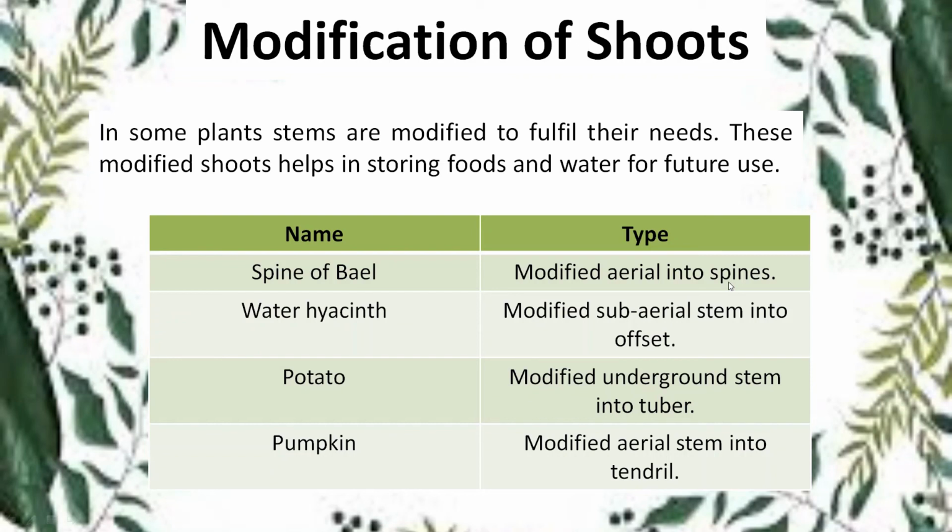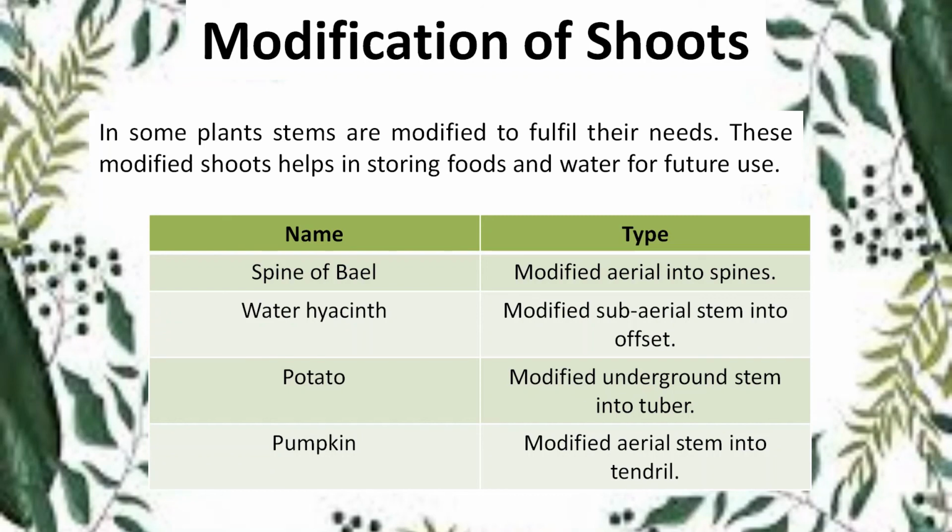You have seen in the desert areas, those plants have leaves that have also undergone modification and converted into spines only. What is their function there? To store food and water?